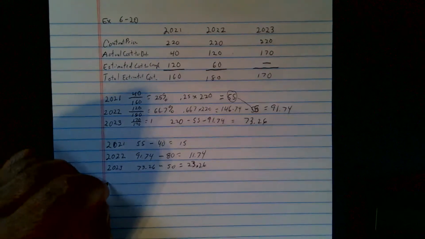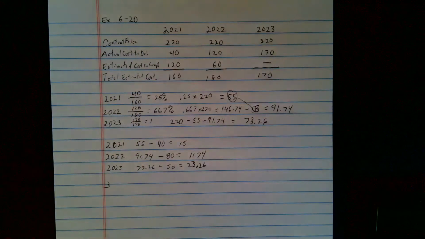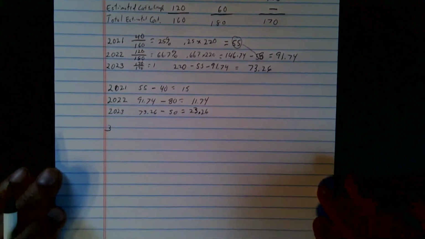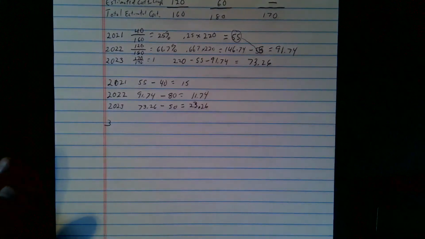And then requirement number 3, we go back to the first requirement and it says, suppose the estimated cost to complete at the end of 2022 are 80 million instead of 60 million. Determine the amount of revenue and gross profit or loss to be recognized in 2022. All right, so let me slide this up just a little bit, give us a little bit more room.